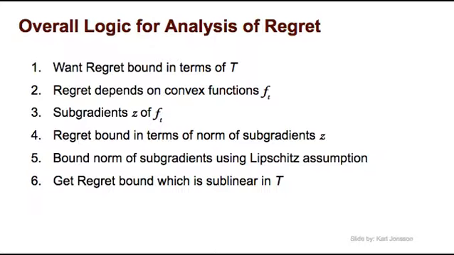We start using the convexity property of f_t, which is the loss function, and then we use the Lipschitz property of the subgradient in order to derive an expression in terms of t. The objective once again is to get a low regret algorithm, which means that the bound should be sublinear in t.